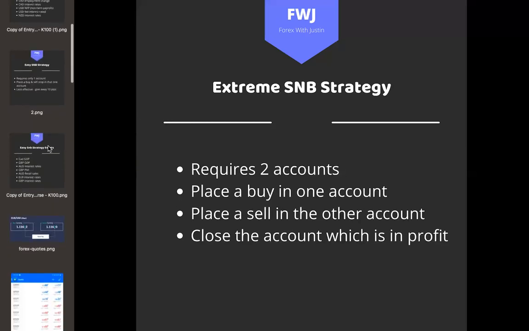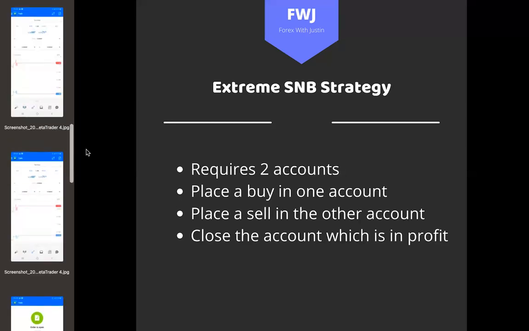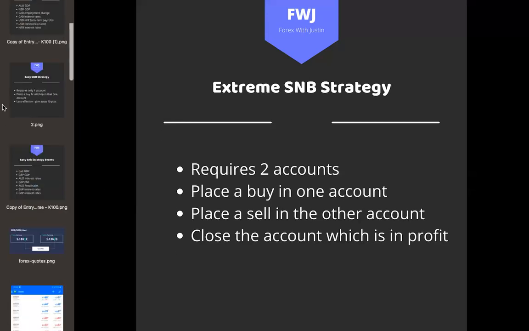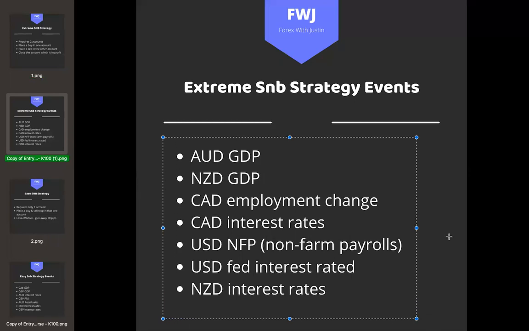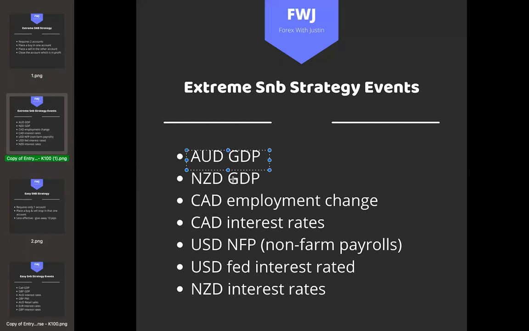Okay. So yeah, this is the extreme. That's the easiest MB. One thing I should mention for Ken is that the extreme has got its own list of news events. This is it. So there's AUD GDP, NZD GDP, CAD employment change. Again, it's just the Canadian currency, so don't get confused.